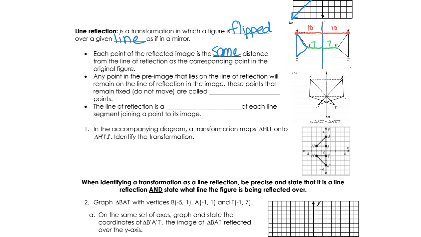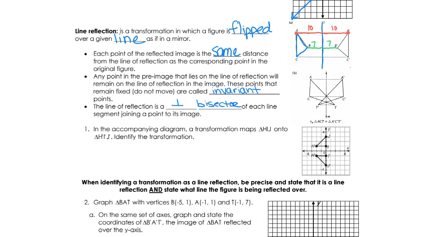These points that remain fixed, or do not move, are called invariant points. Then the next part says that the line of reflection is a perpendicular bisector of each line segment joining a point to its image.